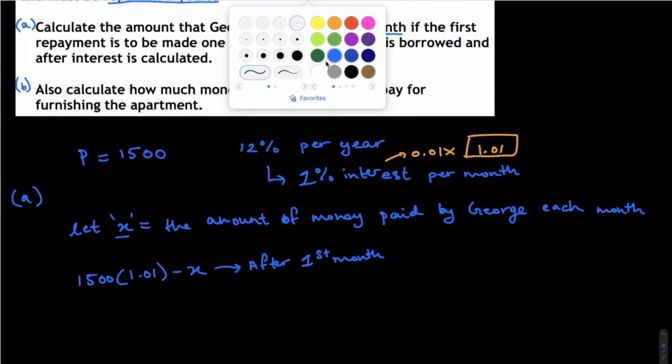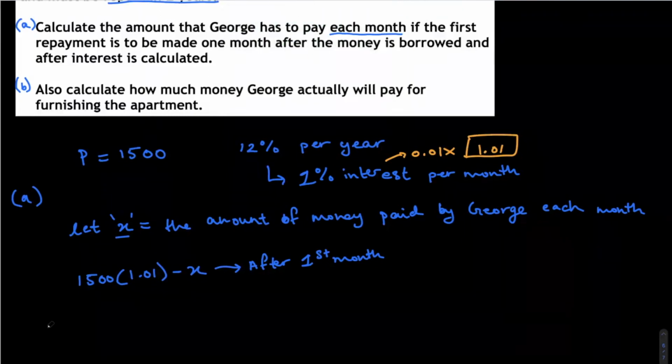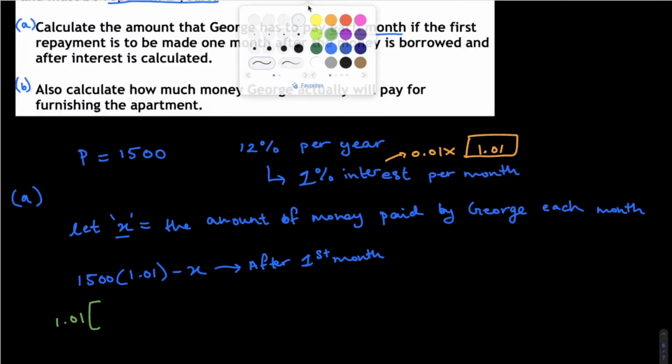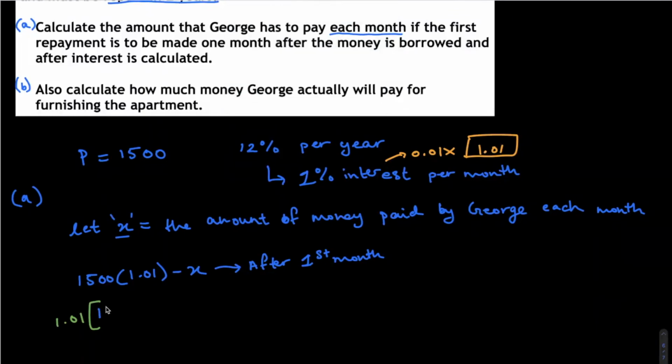I'm going to take green, and I'm going to do 1.01, okay, times everything in the blue right here, okay? So I'm going to go back to blue. I'm going to write 1500 times 1.01, okay? Inside, I'll have the minus x, okay? And I'm going to put the square brackets again in green right here. And then I'll do minus x. And this will be after second month.